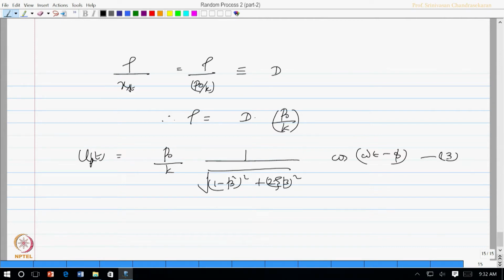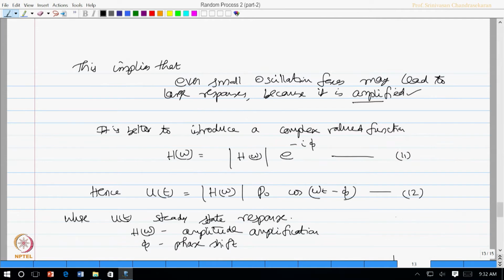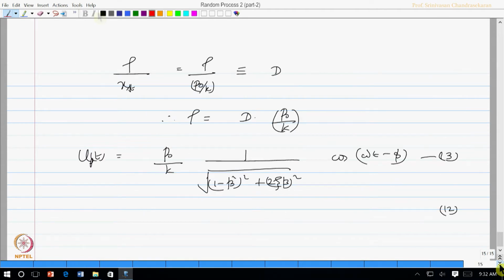Let us rewrite equation number 12, which we already had here. Equation 12 is u of t equals H omega P0 cos(omega t minus phi).